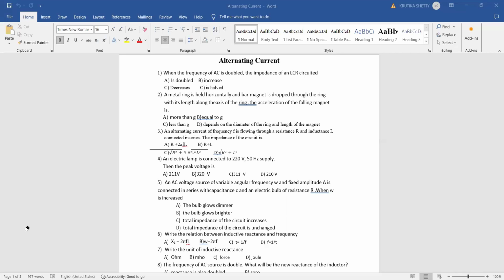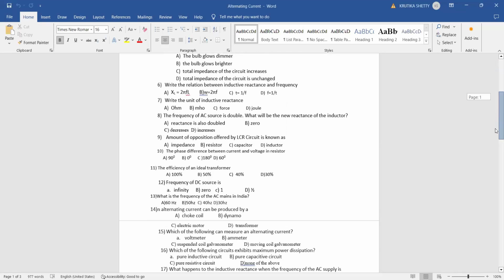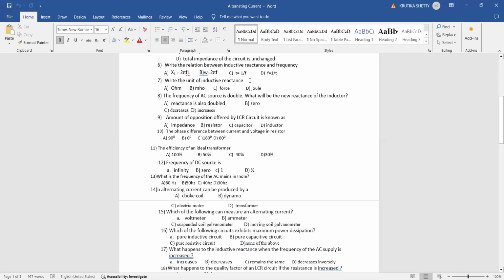Go for question number 6, a simple question. Write the relation between inductive reactance and frequency. What is the relation between inductive reactance and frequency? Inductive reactance is given by XL.